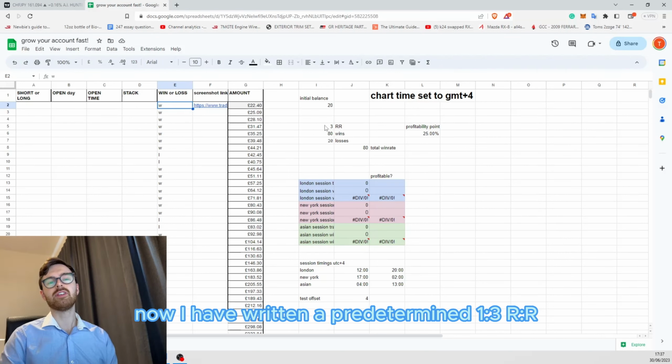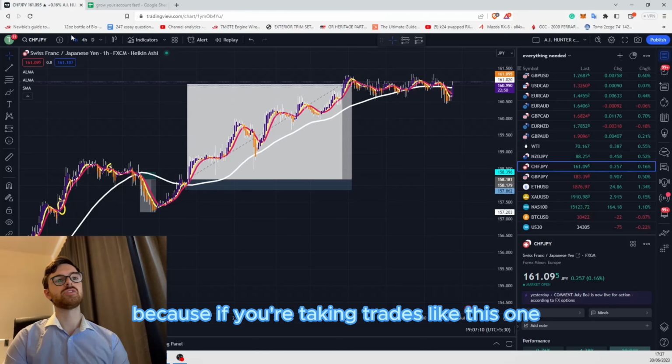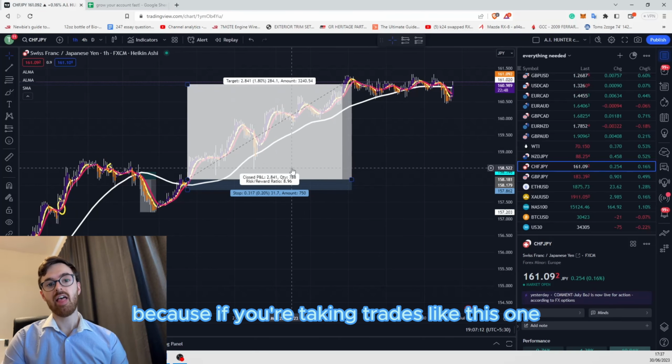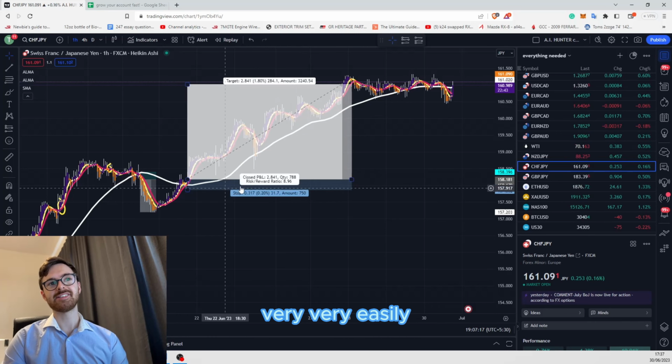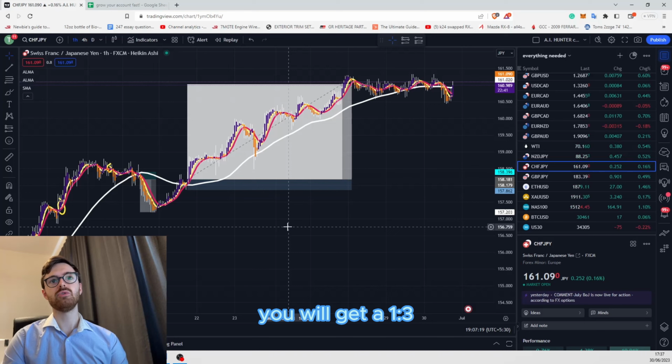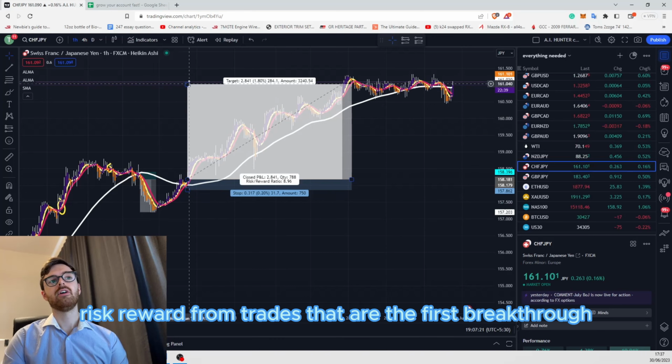Now, I have written a predetermined 1 to 3 RR, because if you're taking trades like this one, that's what you will get. Very, very easily, you will get a 1 to 3 risk reward from trades that are the first breakthrough.